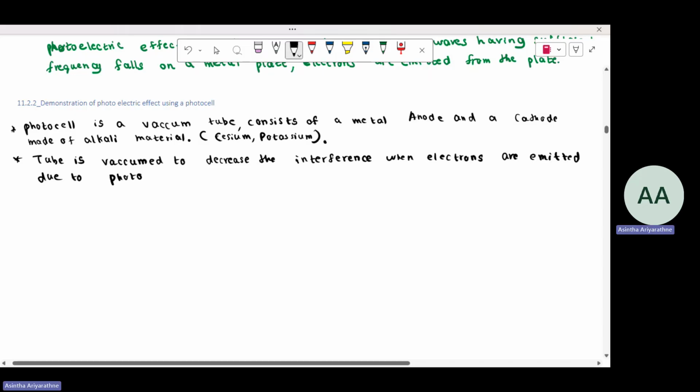When the electrons are emitted and moving, if the surrounding is filled with some other unwanted particles, like air particles, then these electrons would lose their energy more quickly. In order to mitigate that, the tube is vacuum.